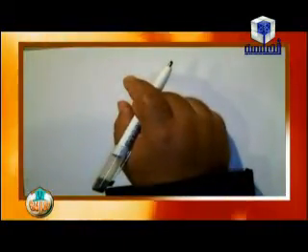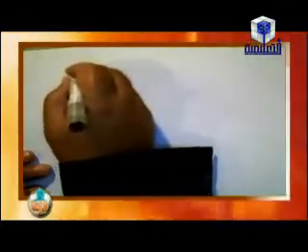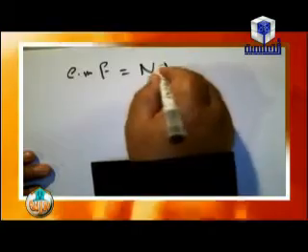Okay, the induced electromotive force in a coil increases if its core is made of soft iron. We know that the EMF in a dynamo, EMF equals NAB omega.